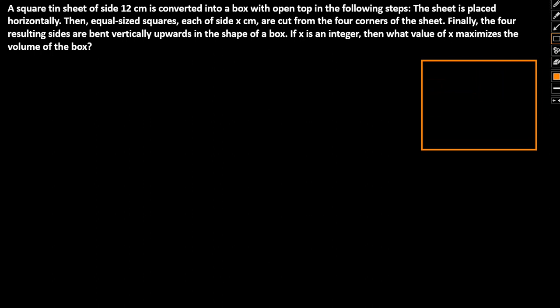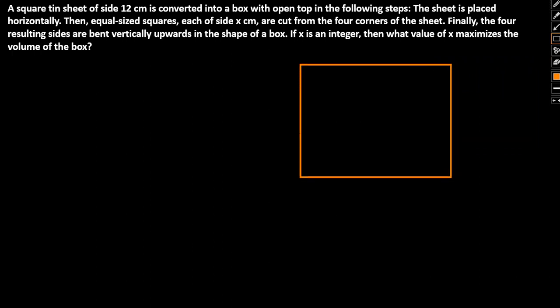Say this is my square. Now what happens is that an equal size square has been cut from each of the four corners.